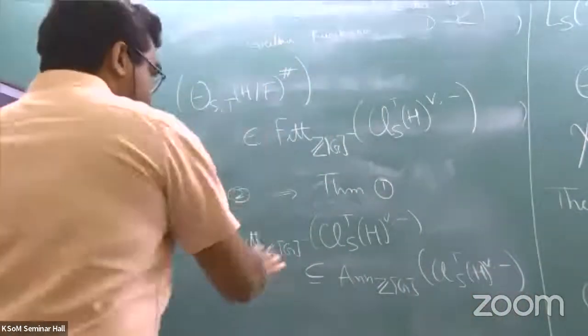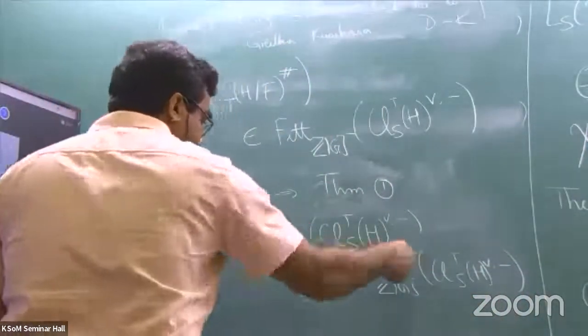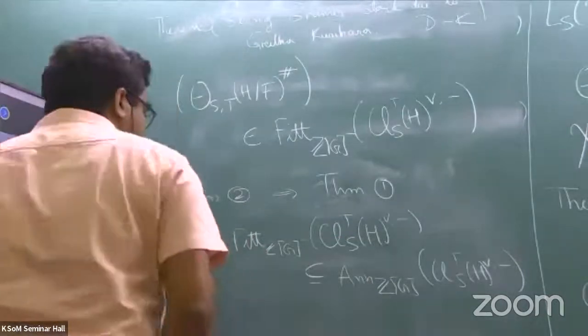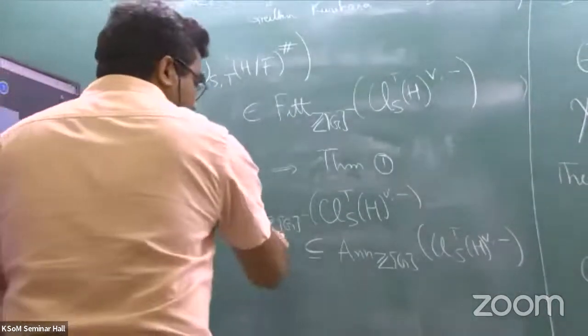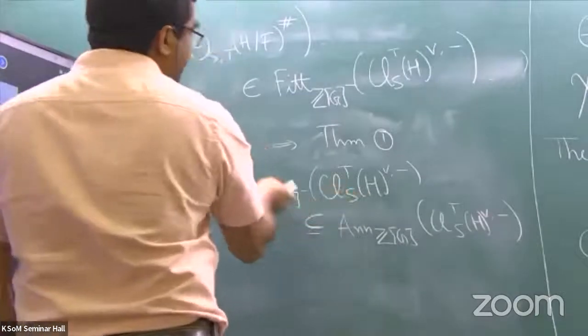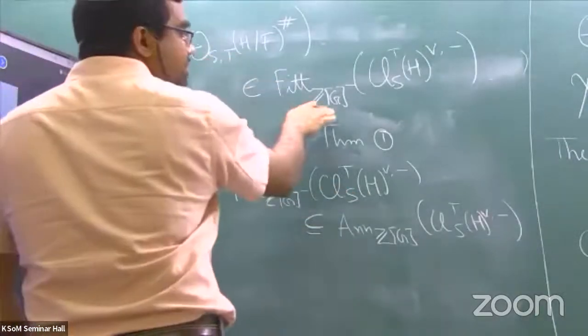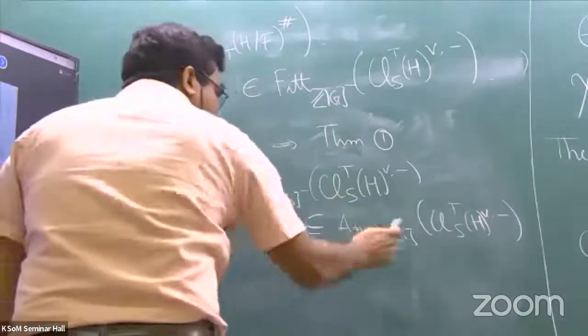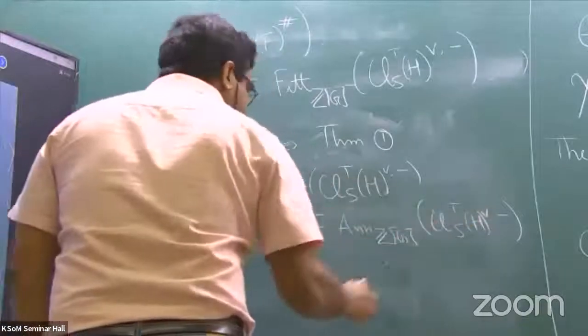So this is always true generally. Second, the Fitting ideal is the refined invariant, and so we have found something analytic which lives in something smaller. Now there is all this minus and check there.